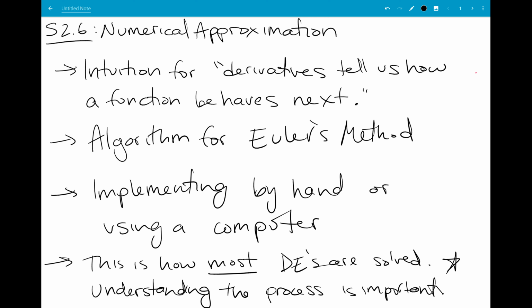So chances are, if you encounter a differential equation in the wild, this is a method that's going to be useful to you to understand the process behind, if not necessarily to use the method yourself. So that's why we're going to spend so much time up here, building an intuition for why this works, so that you can understand how the way that we solve differential equations in a lot of applications works.